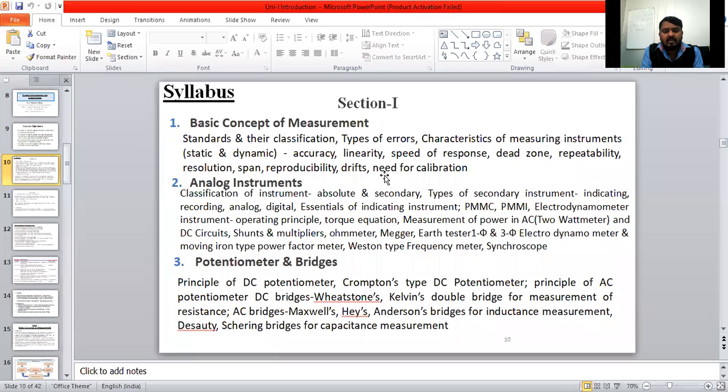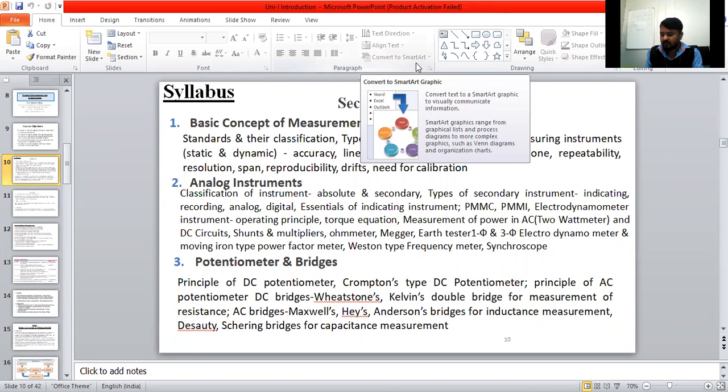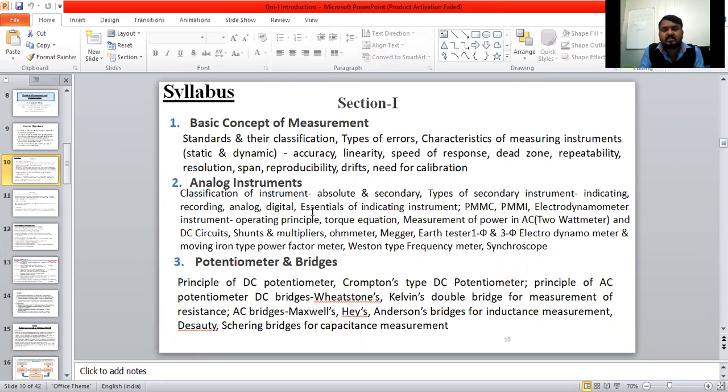The whole syllabus is divided into two sections, section 1 and section 2. In section 1, we design the circuits for measurement. In section 2, we discuss the instrumentation part.